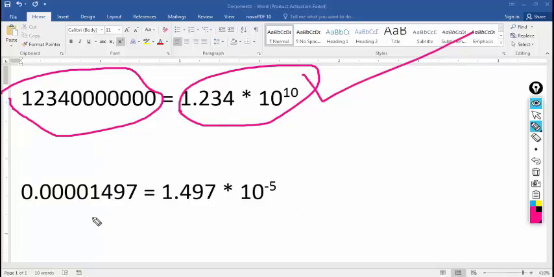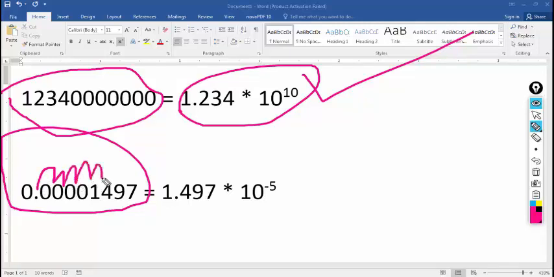In the second example, this is the number and we want to write it in scientific notation. That means in this case we have to move the decimal point how many times? Let's count it. 1, 2, 3, 4, 5.